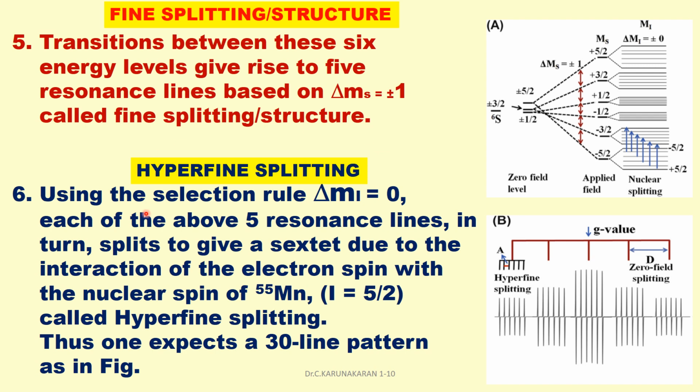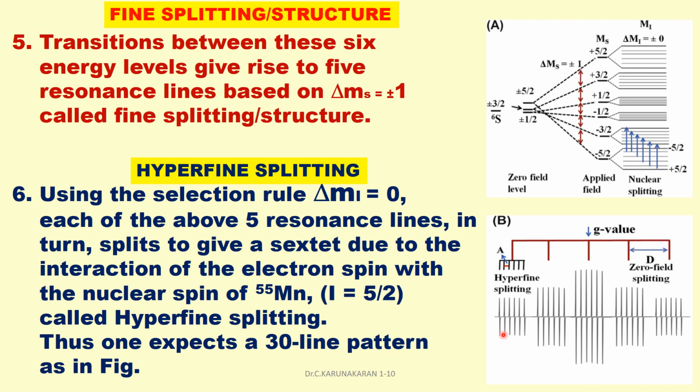Next, hyperfine splitting. Why does this arise? For manganese the nuclear spin is I equal to 5/2. Using the selection rule delta mI equal to 0, each of the 5 resonance lines of the fine structure in turn splits to give a sextet due to the coupling of the electron spin with the nuclear spin, called hyperfine splitting or hyperfine structure.